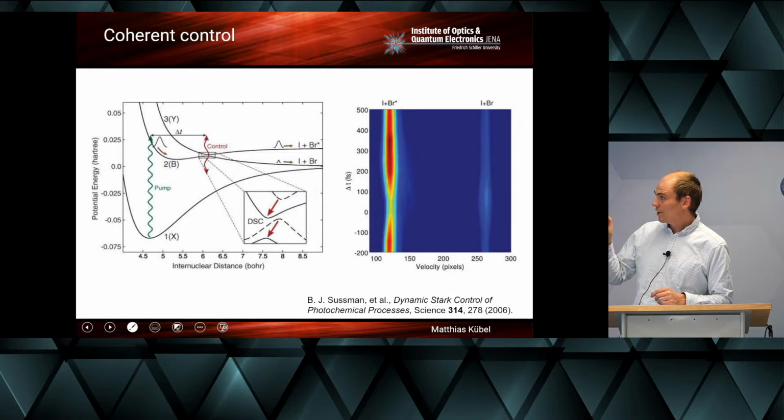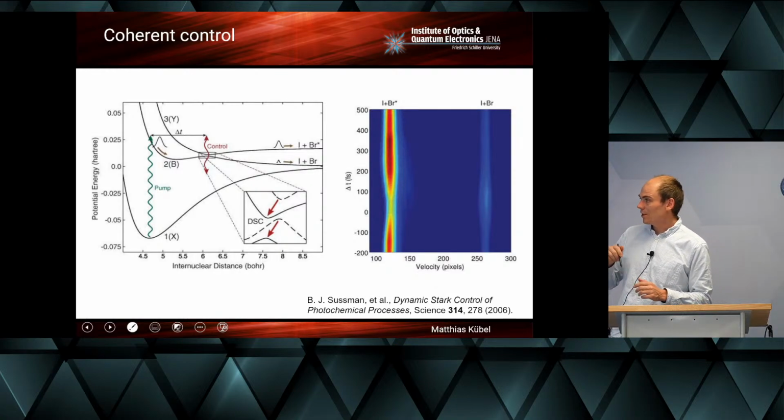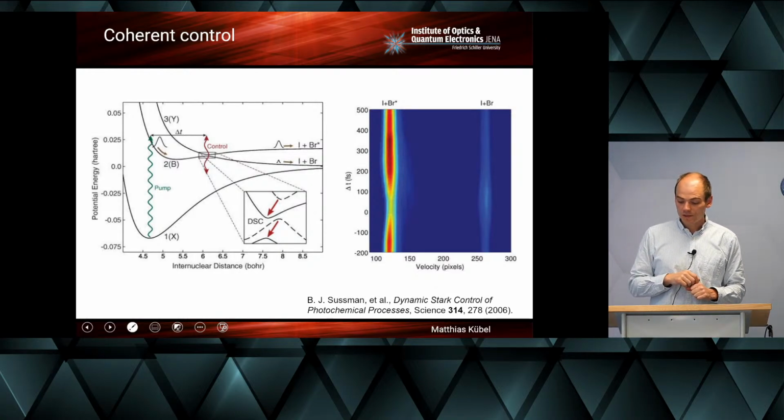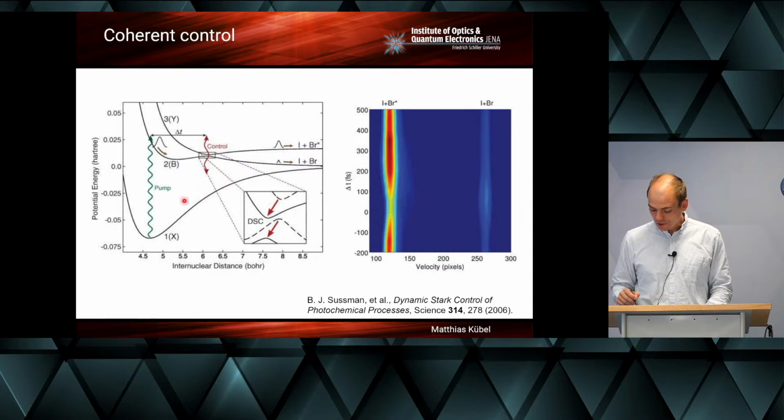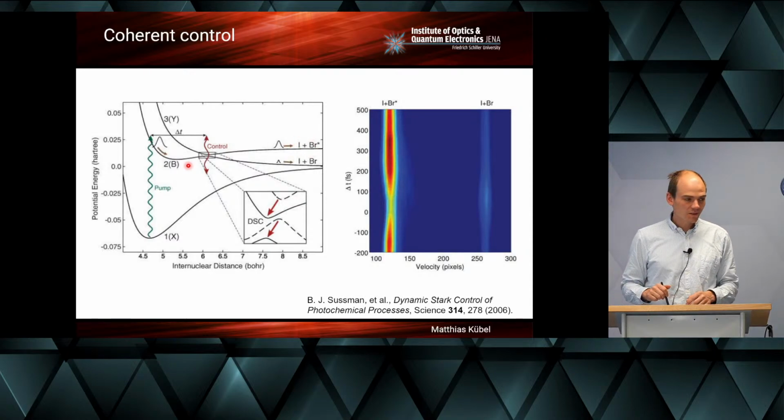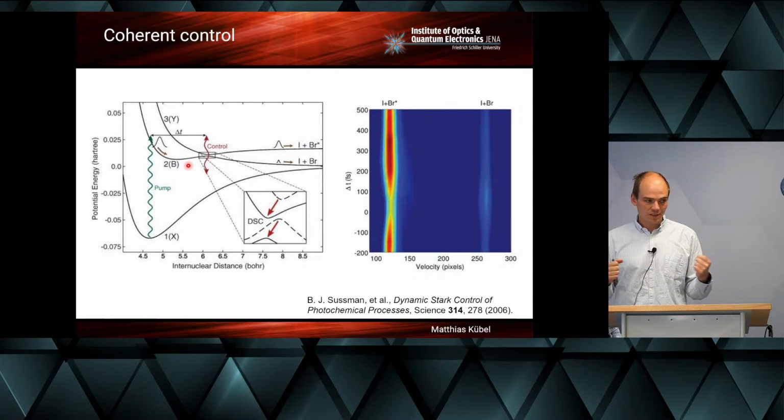So first, let's look at this one. This is now the potential energy curves, not for H2+, but for IBr. Iodine is, of course, a very heavy atom, and so is bromine, and so the nuclear dynamics here are really slow.